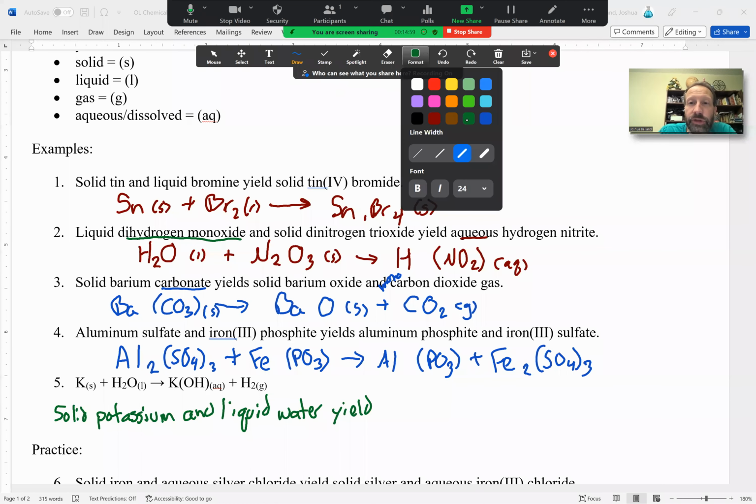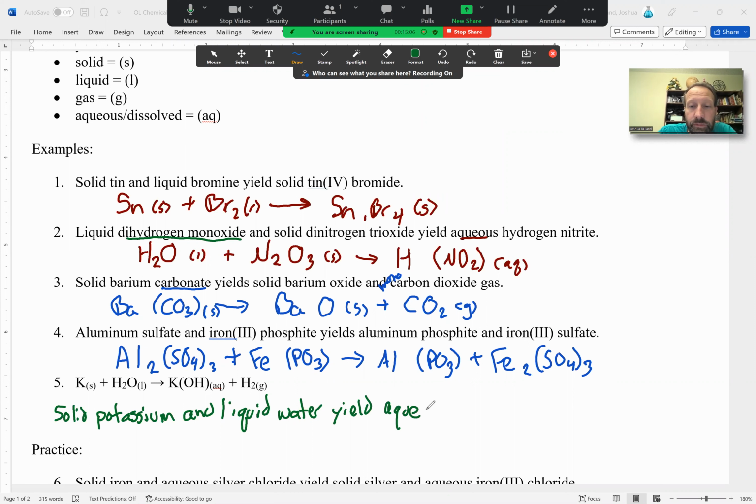And again, I'm not putting much emphasis right now on the phase of matter because it's not super important, but aqueous, potassium, hydroxide, you look up OH and you'll find hydroxide, and then H2 is, there's no other element with it, so it's just hydrogen. And it tells us it's a gas. So there we go, hydrogen gas, done.